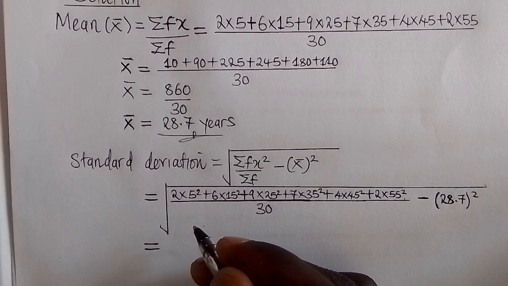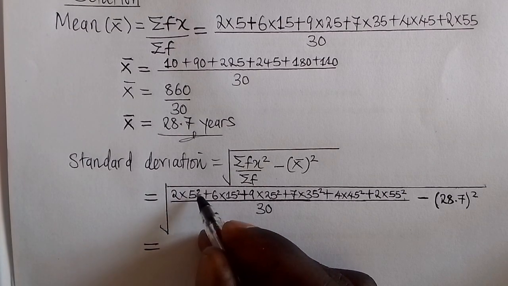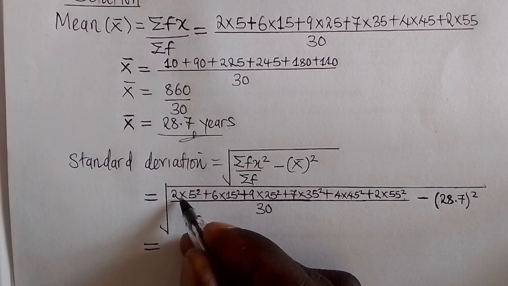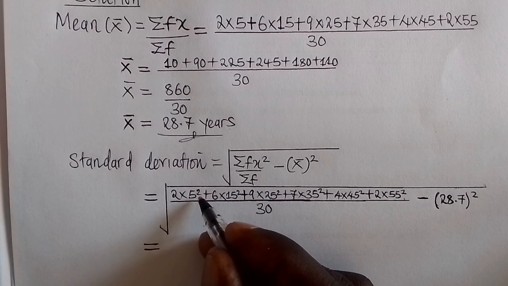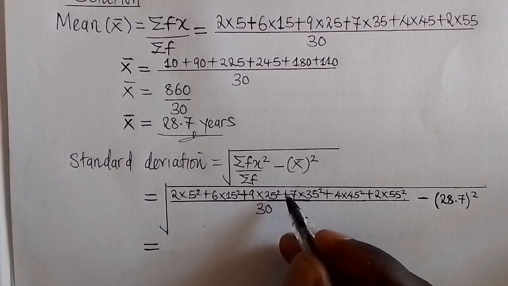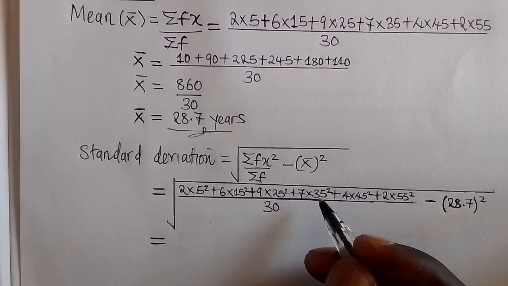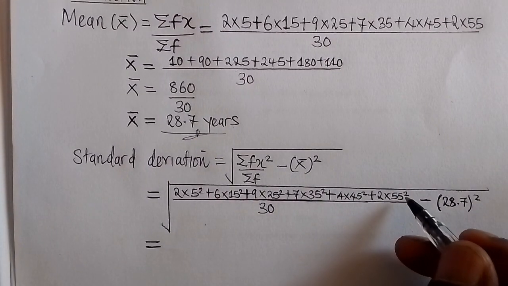So first of all, we start with the multiplication. So multiplication of all this and addition. 2 times 5 square plus 6 times 15 square plus 9 times 25 square plus 7 times 35 square plus 4 times 45 square plus 2 times 55 square.